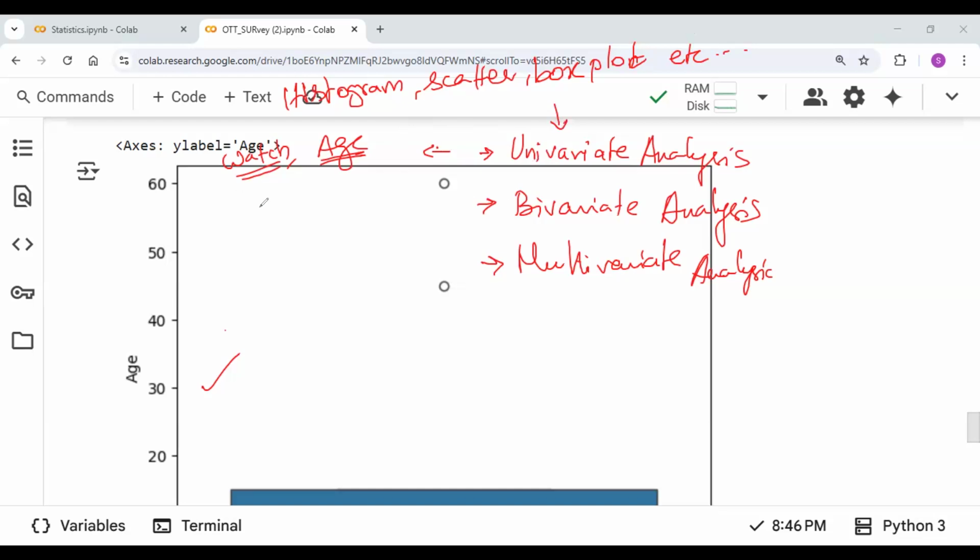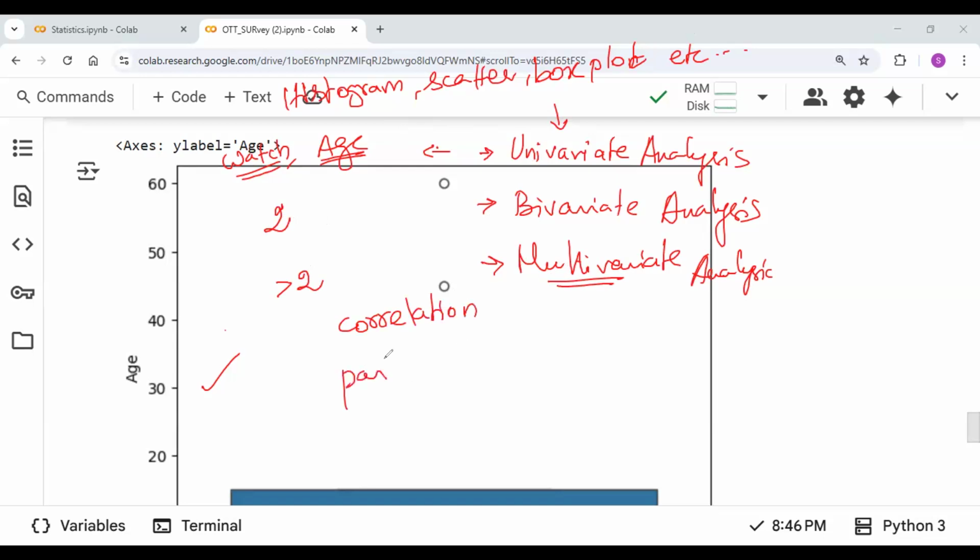Bivariate analysis is the relationship between two features. Relationship among the two features is a bivariate analysis. If it is greater than two, two or more features, then it would come under the multivariate analysis. Correlation matrix is a multivariate analysis.